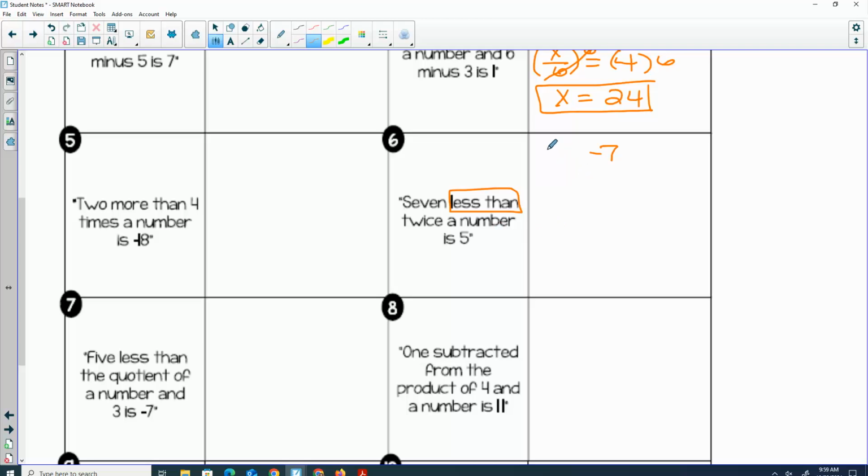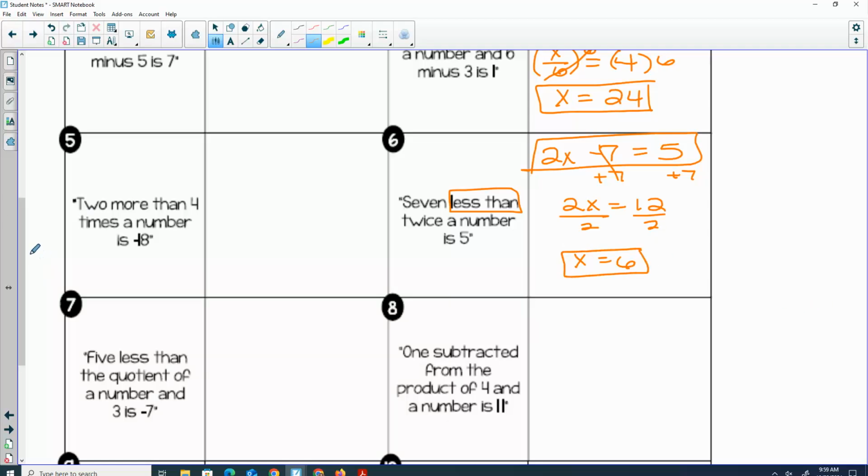Twice a number would be 2x means equals 5. So if we want to solve, first we have to get rid of any addition or subtraction, so we add over the 7. Divide by 2. And we get 6.